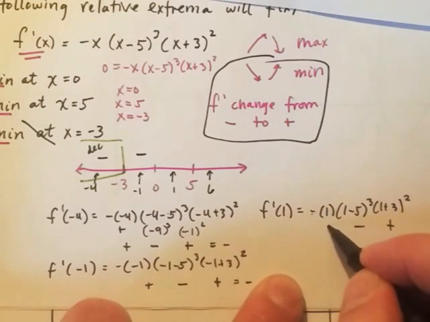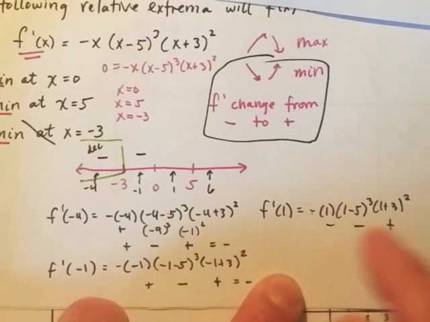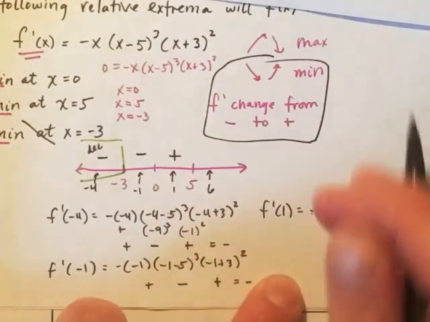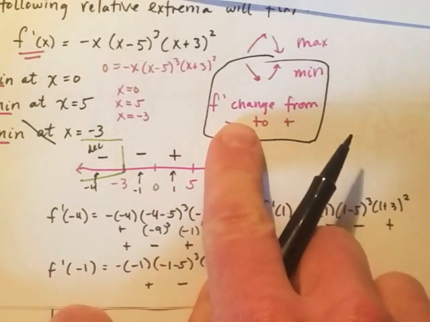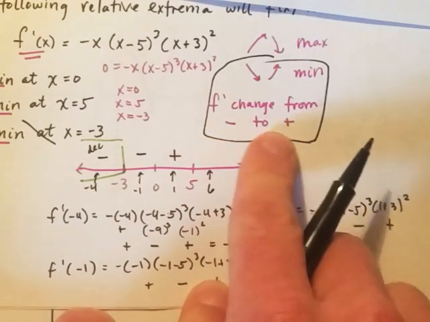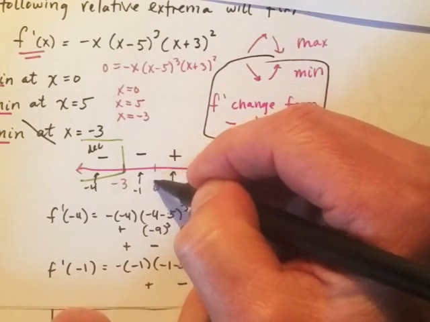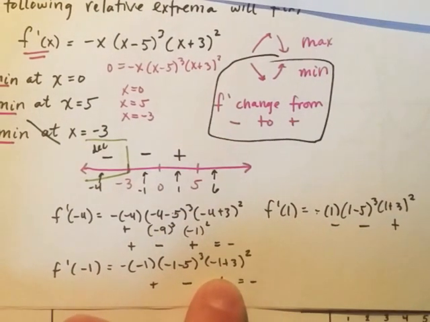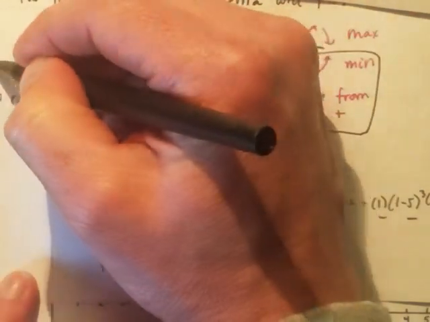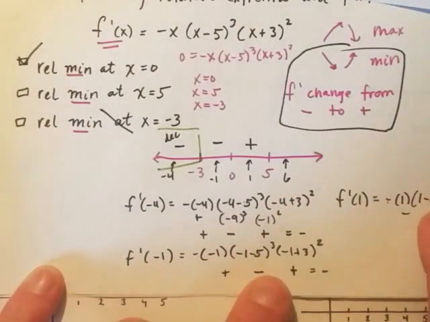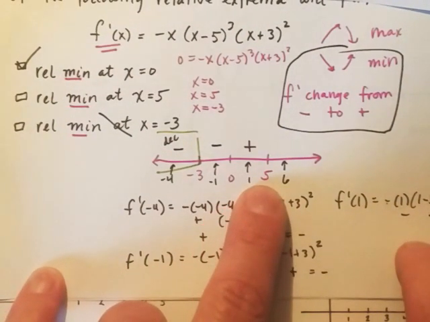And now we have a negative of a positive, that's going to be a negative. So now we finally are multiplying 2 negatives to get a positive here. So now we do have a change. We have a slope that changes from negative to positive, or from decreasing to increasing. So that tells me that at 0, we must have a minimum. So I can come up and I can check this one. But it did say choose all that apply, so I still have to check 5.